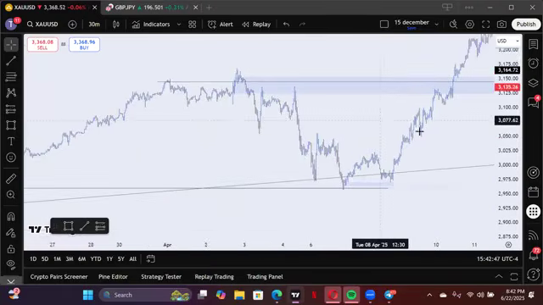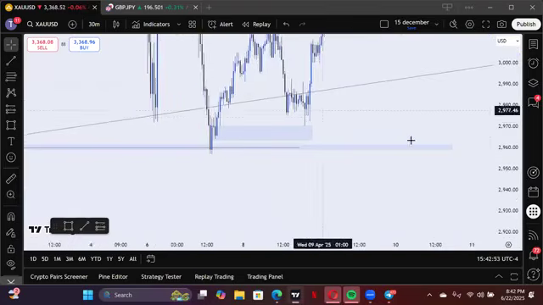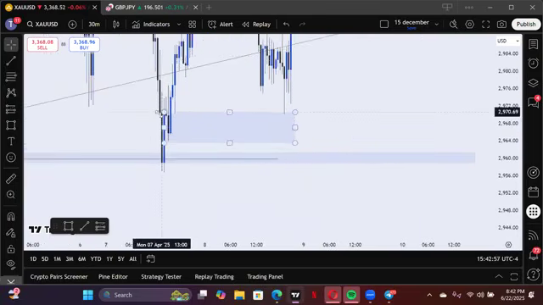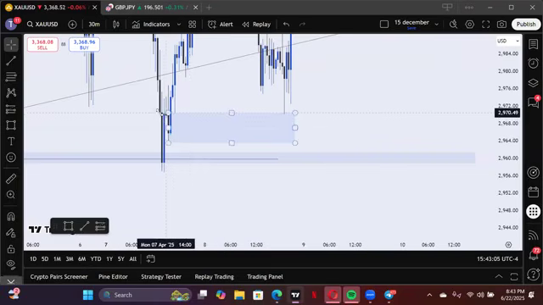Okay. So when price tapped the zone for reversal, it now gave us what? A structure shift, gave us inducement, then tapped our point of interest here. So this was where price actually started reversing from.